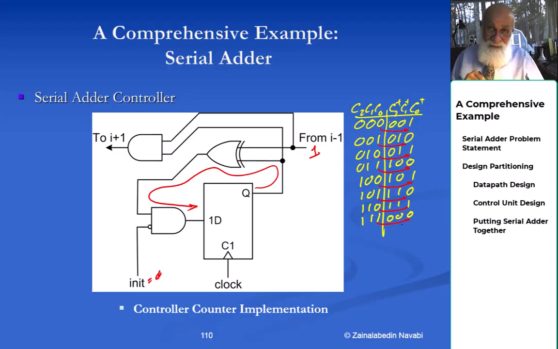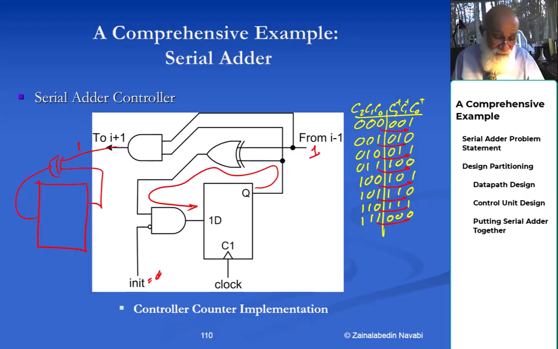The second bit, which is sitting here, takes this input and this input into its XOR, and then it toggles only if this is 1. In what condition is this 1?